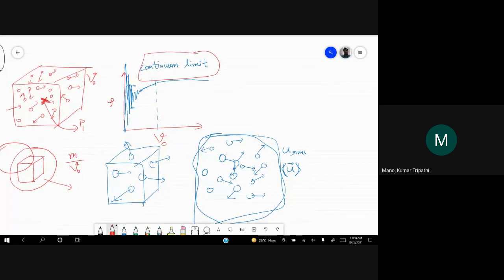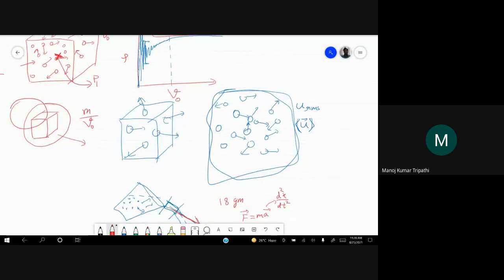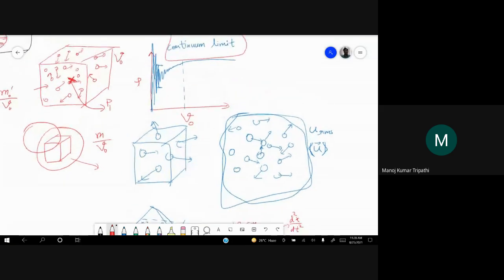Only when they are large enough can you consider the fluid to be a continuous medium. Otherwise, if you zoom into this volume, you will see molecules flying around. You cannot consider it to be a continuous medium.